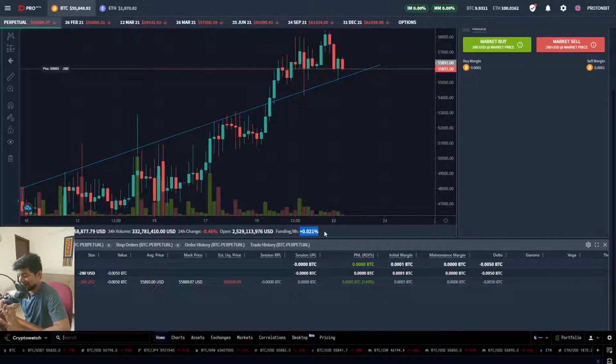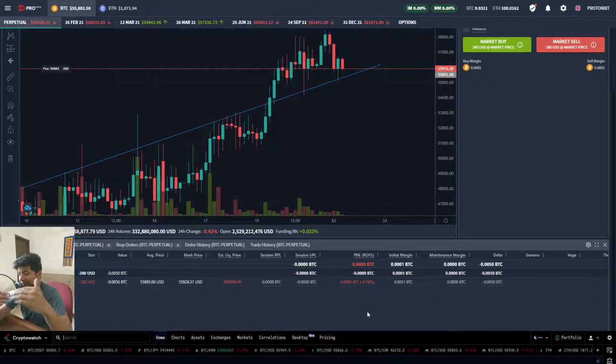So that is pretty much it. This is pretty much how you do it. Now do not worry about the profit and loss and the ROI and whatnot, because if you have spot exposure, for example, 280 USD worth of BTC, and you short $280 worth of BTC, you are delta neutral. You're not losing out on your USD values, although you will be losing out on your BTC values.